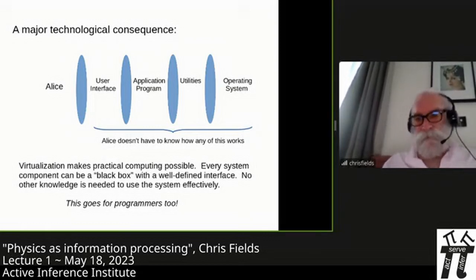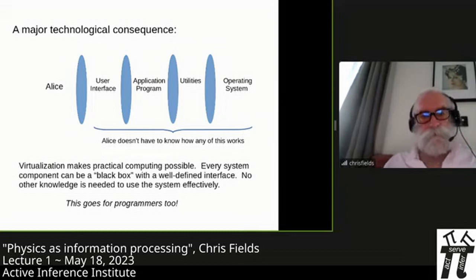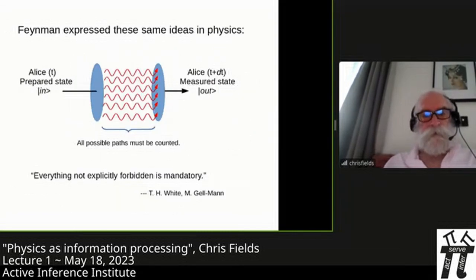So in a sense, Gödel birthed not only computer science, but practical computing, by showing us that virtualization is just the way the world works. So now let's go back to physics, where these ideas were replicated, basically reinvented, by Feynman in developing his path integral formulation of quantum theory.